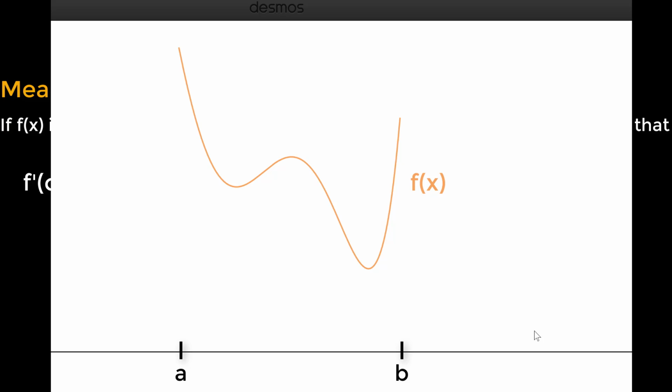The reason that this function is differentiable on a to b non-inclusive is because when we take the derivative, it's a limit, and when we take the limit, we need two sides. If we're looking at a and b, we have nothing. We're not guaranteed anything prior to a, and we're not guaranteed anything after b.